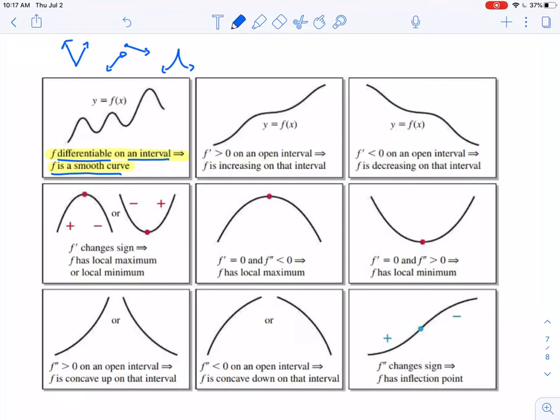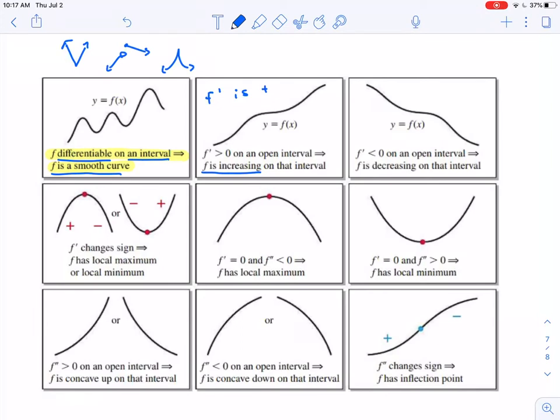The next two talk about the sign of the first derivative. Here it says if f prime is greater than 0. Another way for me to say that is if f prime is positive on an open interval, then f is increasing on that interval. We saw this going back to the very beginning of this section. We said, hey, if we look at the sign of the first derivative, it can tell you whether your function is increasing or decreasing.